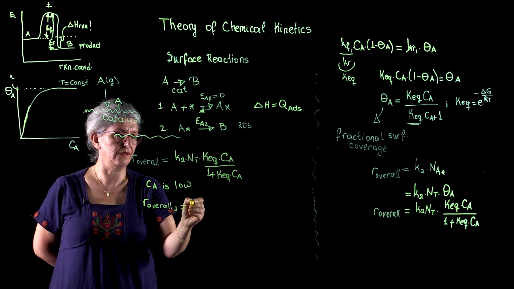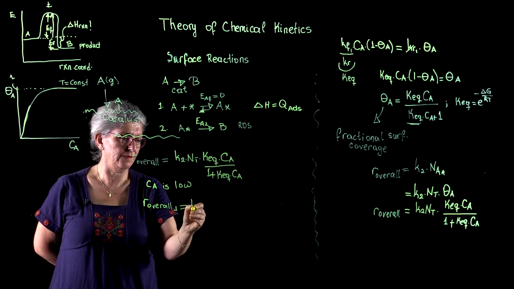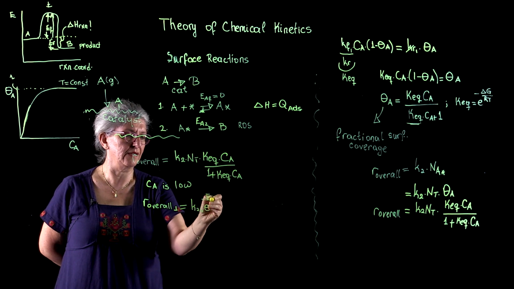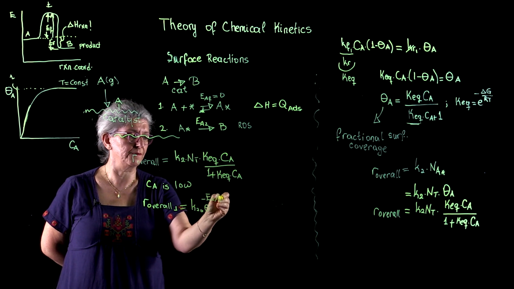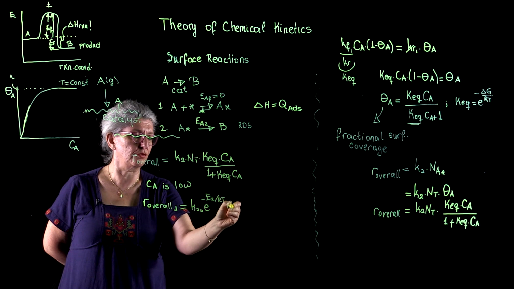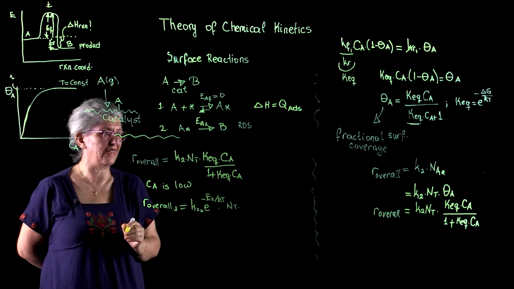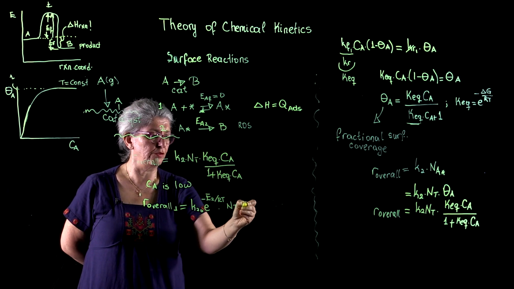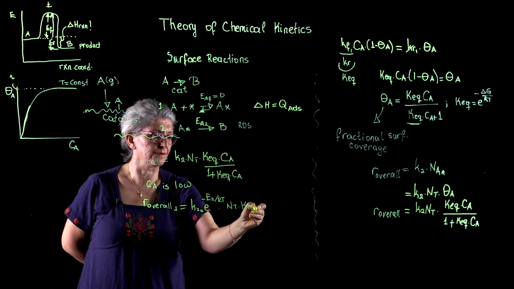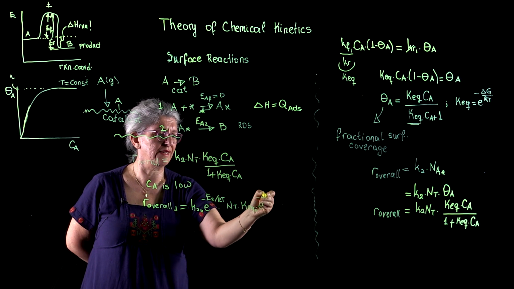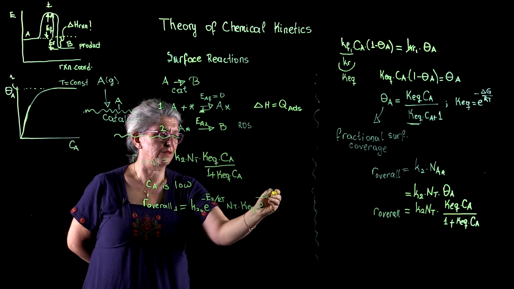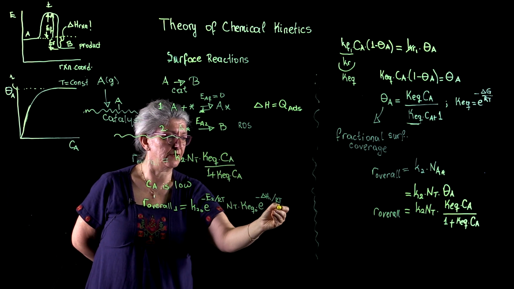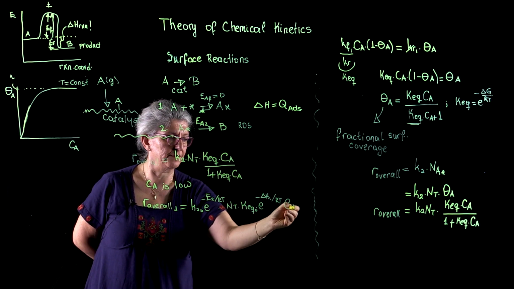This is going to be K2, this is K20, e to the minus E2 over RT, times N total times K equilibrium, that is equal to K equilibrium 0 times e to the minus delta H 1 over RT, this one, times Ca.